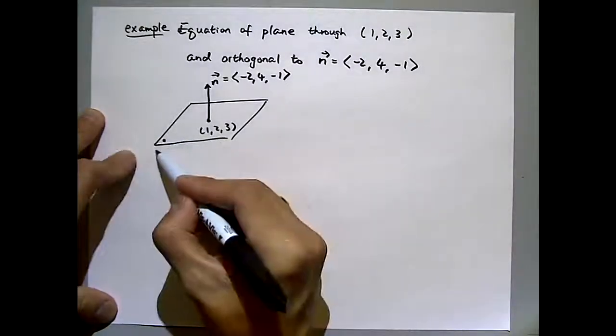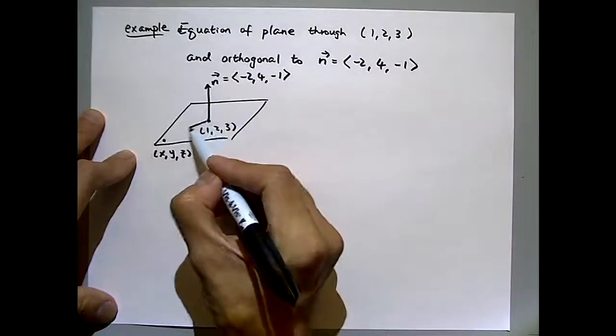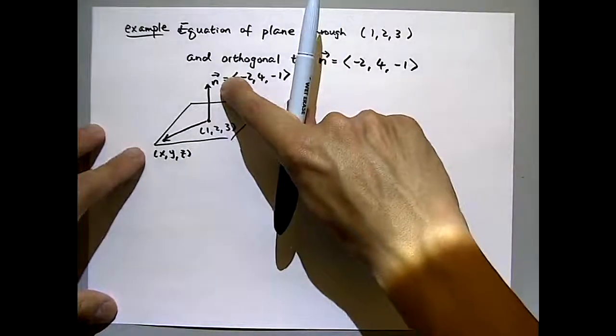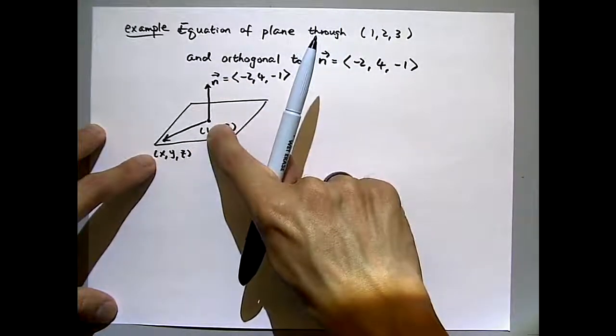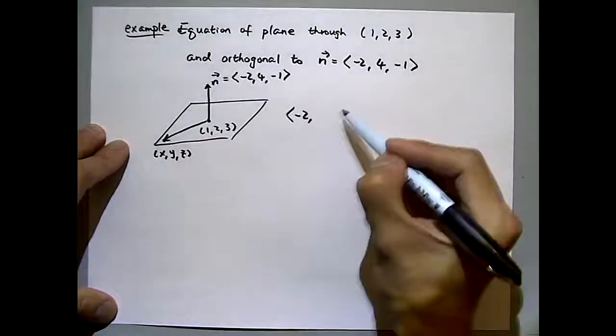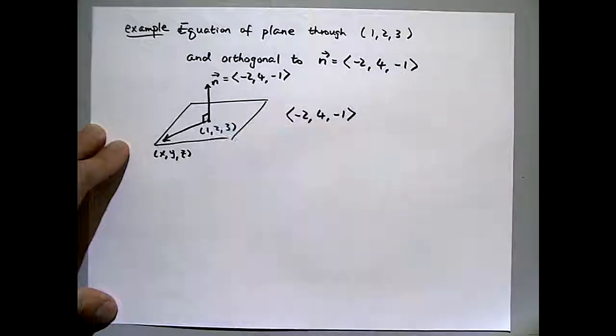So suppose some arbitrary point x, y, z is over here. Then n dotted with this vector will give me a 0, because they are perpendicular to each other.